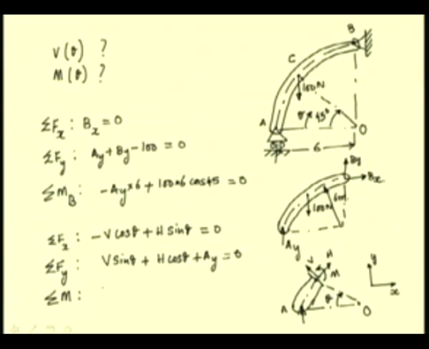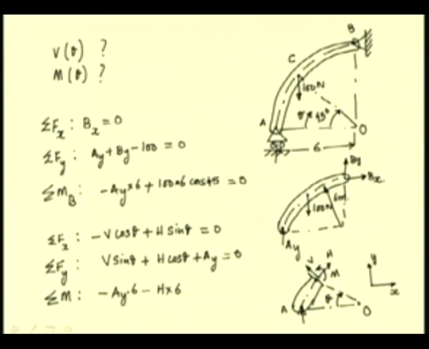It is minus Ay times 6, the clockwise moment of this reaction A, minus H times 6, because this force H is tangential at this point to this radial line.